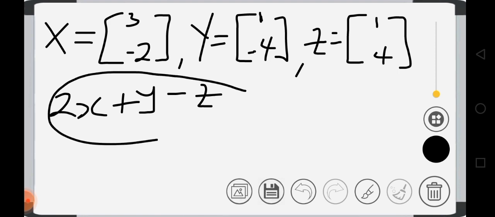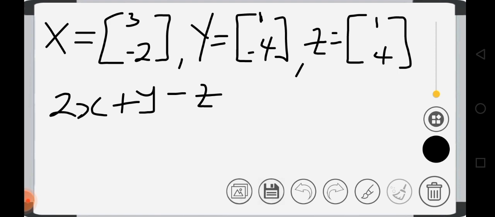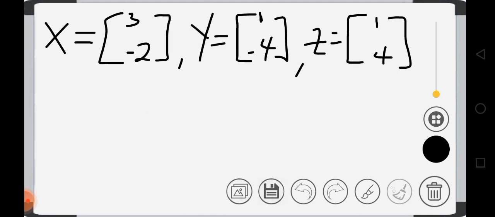So what will be the value of this? That's what we are looking at now. So let's look at it. We have 2x plus y minus z.